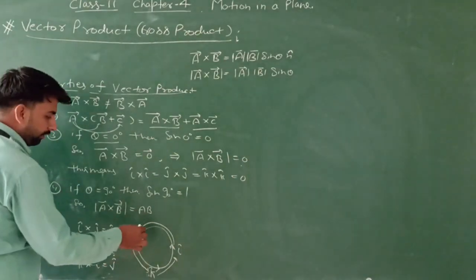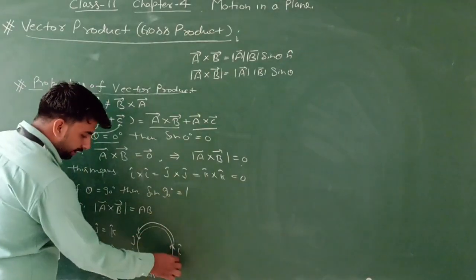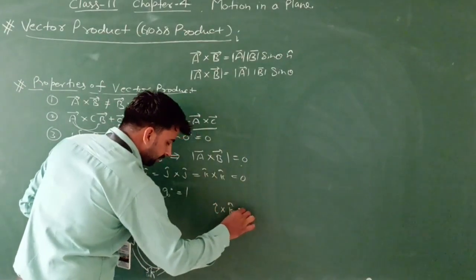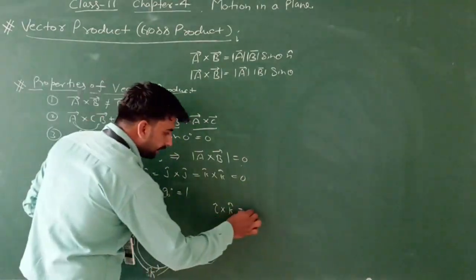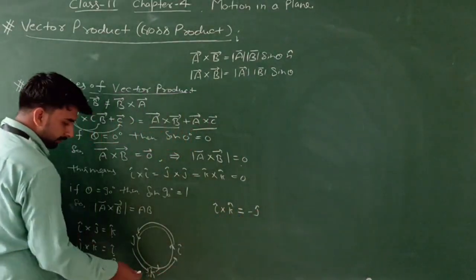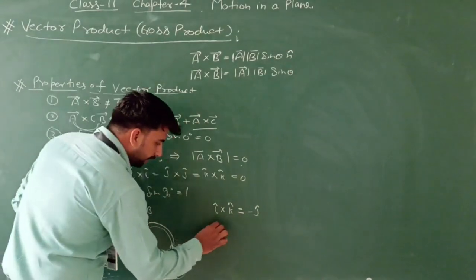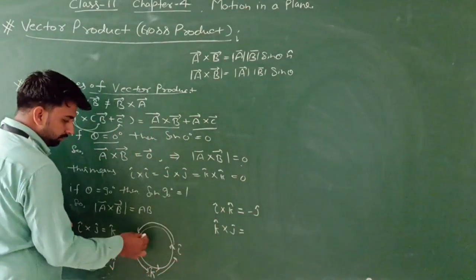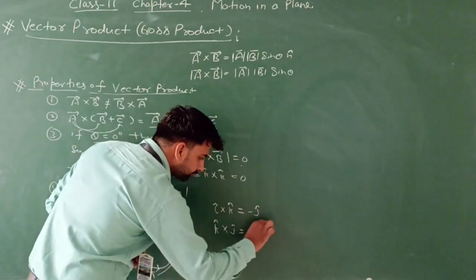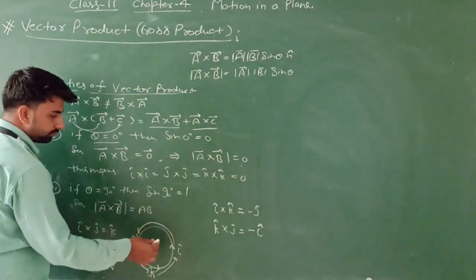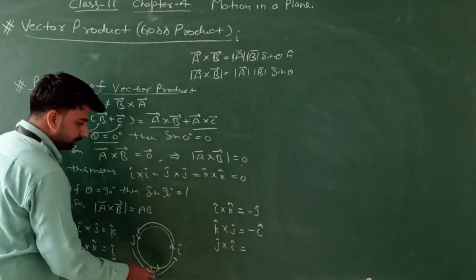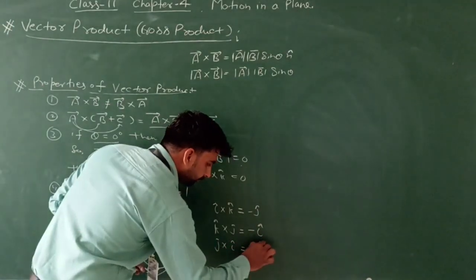Clear? And if we move in the opposite direction, i cross k is equal to minus j cap, k cross j is equal to minus i cap, and j cross i is equal to minus k cap.